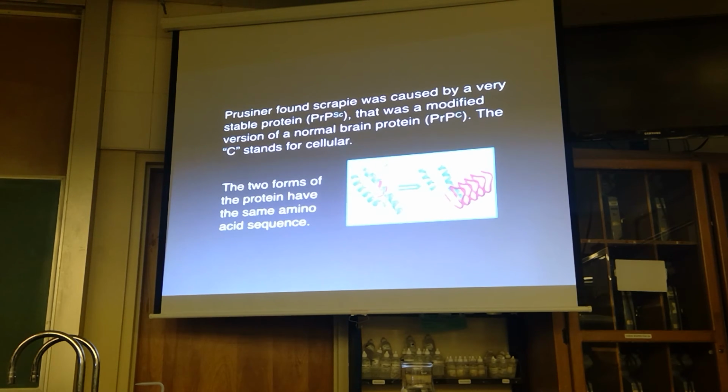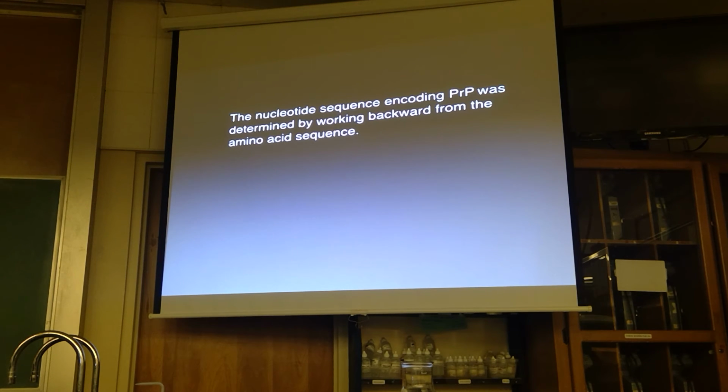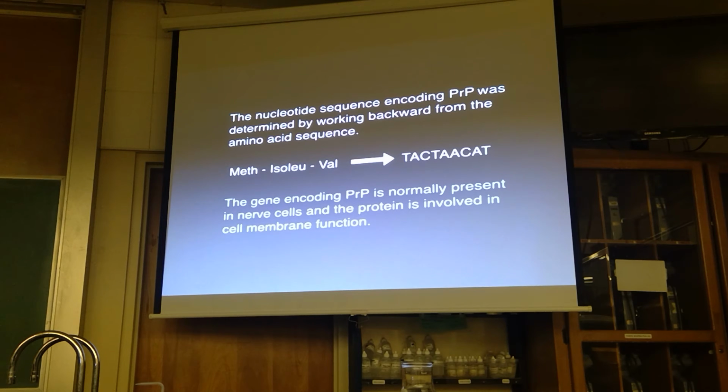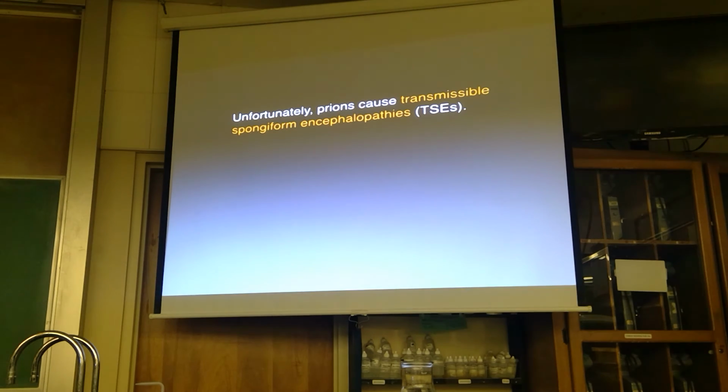But it has the same amino acid sequence as the normal protein. So again, the gene that normally codes proteins that can become prions is normally present within nerve cells. I'm not sure that they know exactly what that protein does, other than it produces this protein that can potentially be turned into a prion.